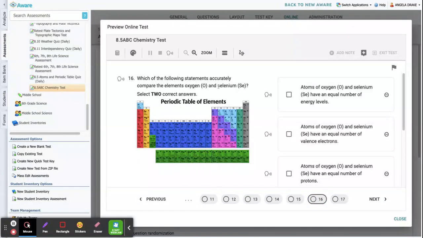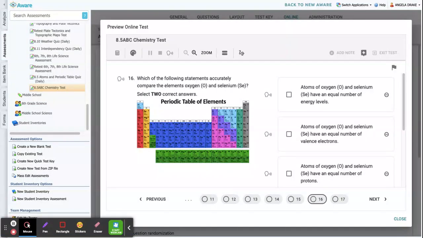Which of the following statements accurately compares elements of oxygen and selenium? Again, first thing I'm going to do is find them on my periodic table and highlight them. Oxygen is in group 16. It's got an atomic number of 8.